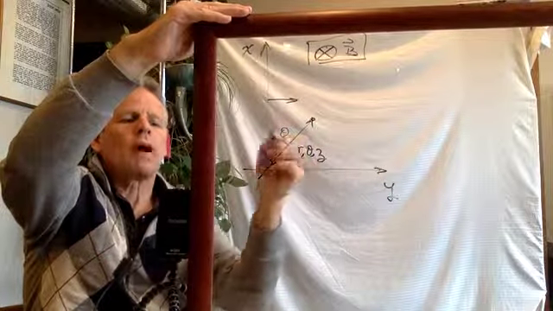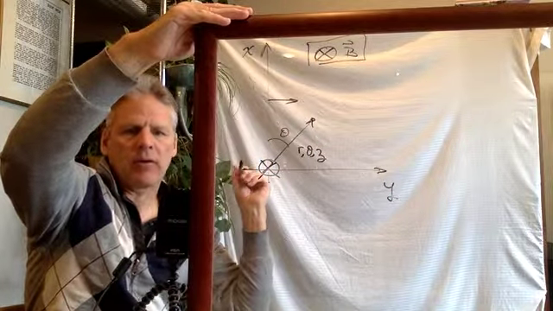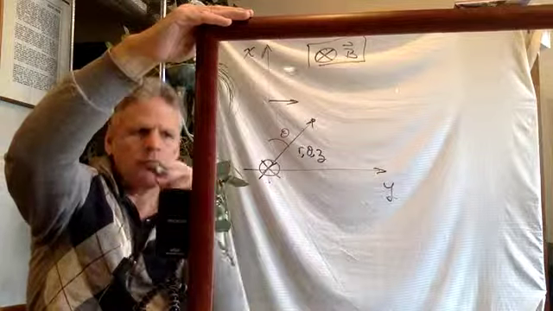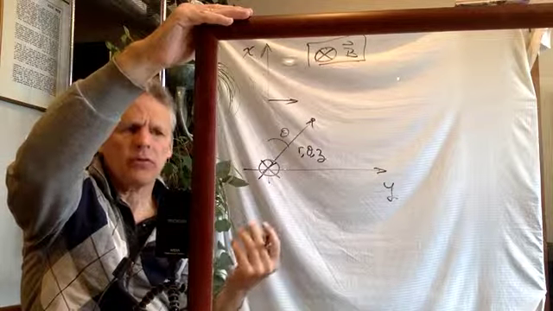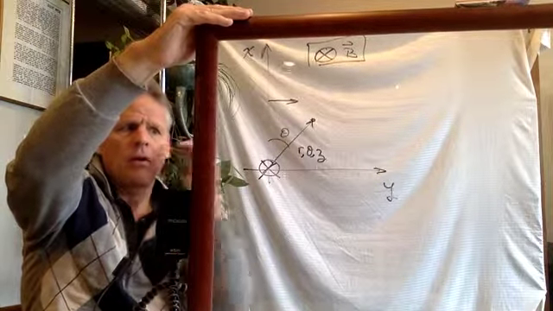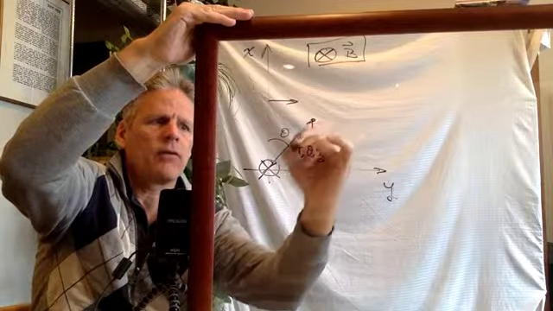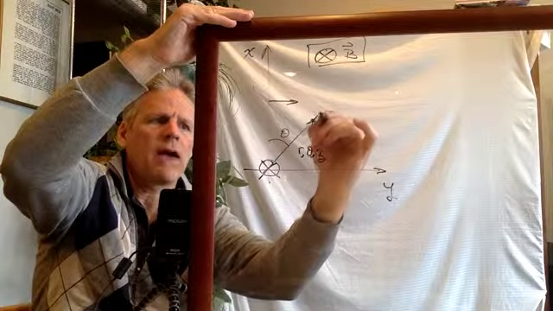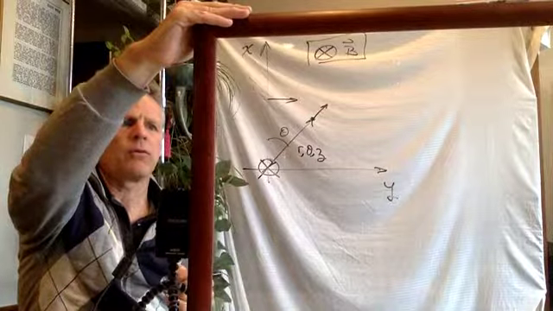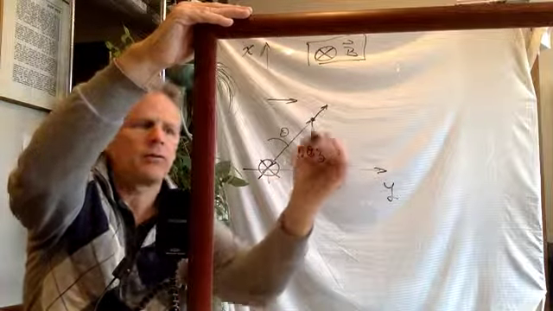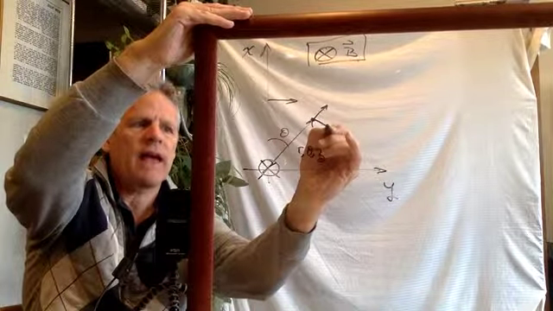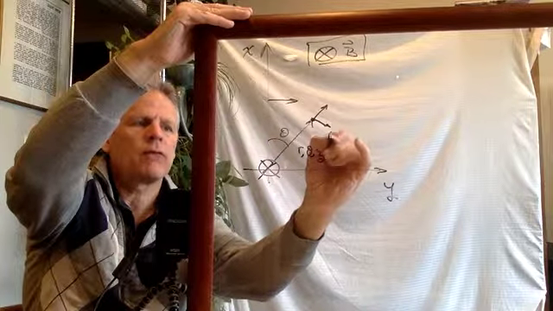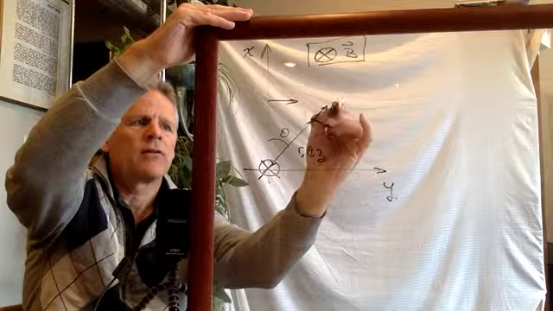So our z hat vector is very easy. It's just going in this direction. But what about the other two vectors? Well, r is easy. r is my vector, so r hat is just a unit vector that goes in this direction, and theta hat is just a unit vector that goes in the theta direction.